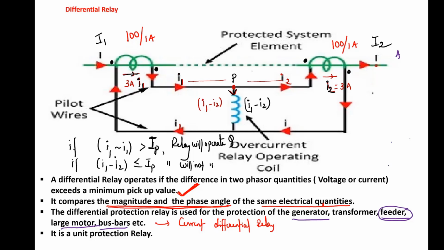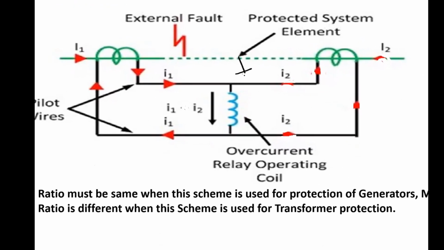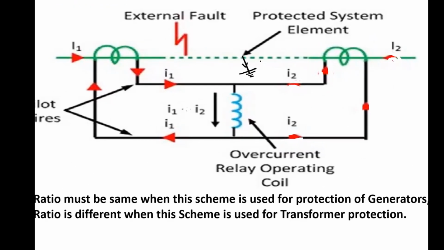So let us simulate one kind of fault and see how the relay will operate. Let us assume the fault is occurring here. This fault is taking some 30 amperes. Here the primary current is 280 ampere, and here the current flowing is 250 ampere.